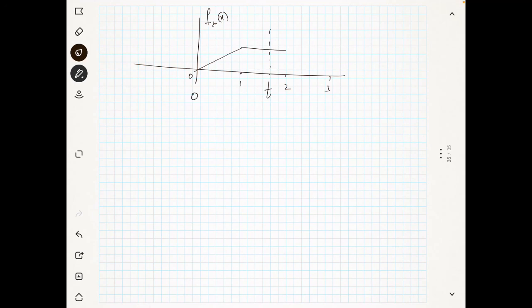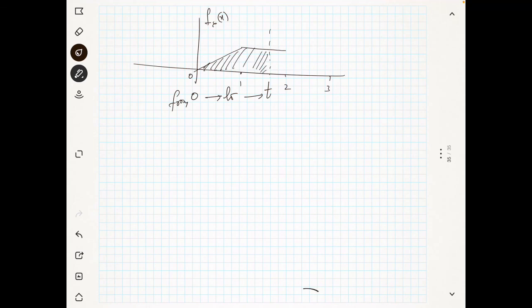This is because in case 2 we have the PDF something like this: 0 and 1, and this is 2, and this is your 3. Your PDF f_X was having 1 by 2 into x, a straight line like this, and this is having 1 by 2. You are taking the point t here, so you have to integrate from 0 to t, that means take all the area under this curve till the value t.